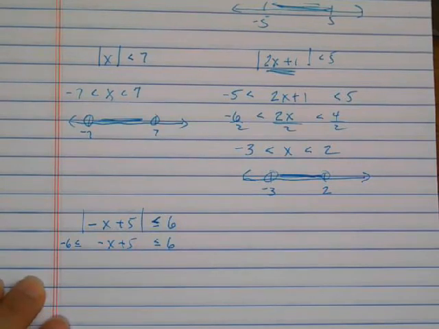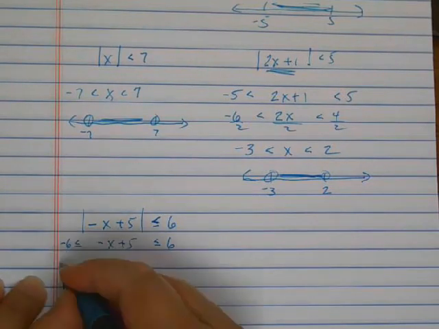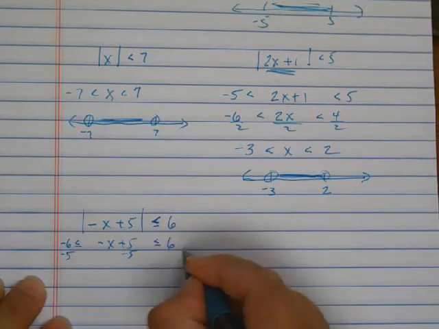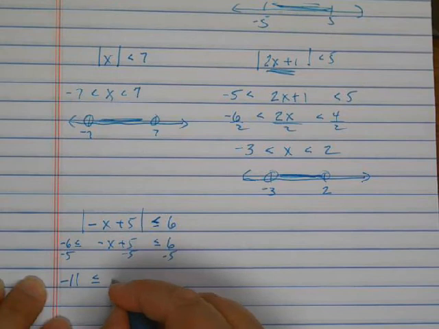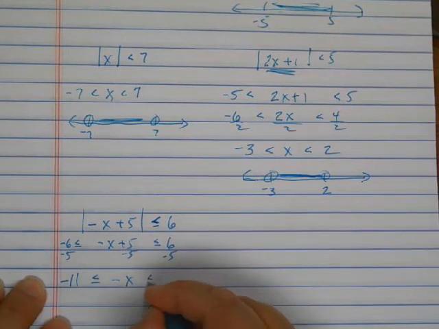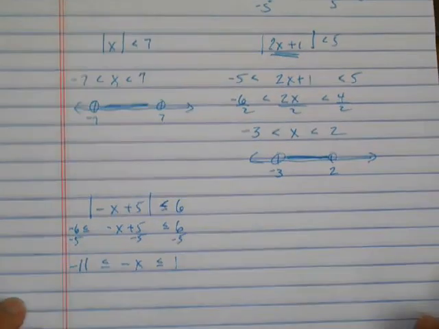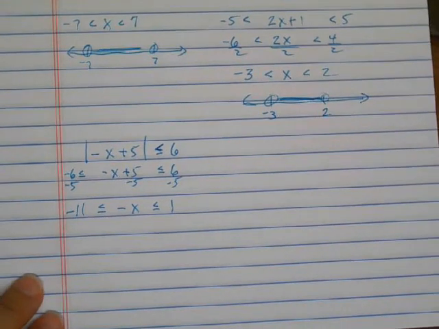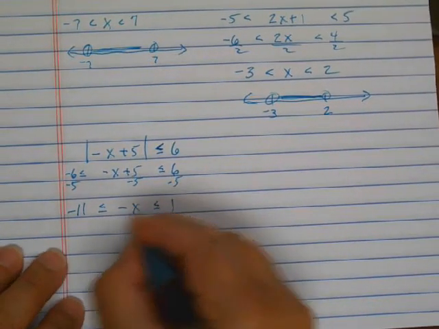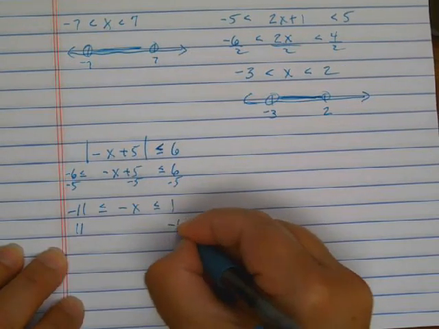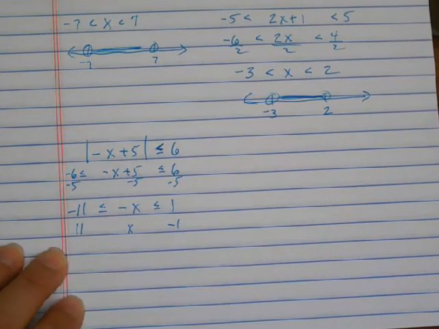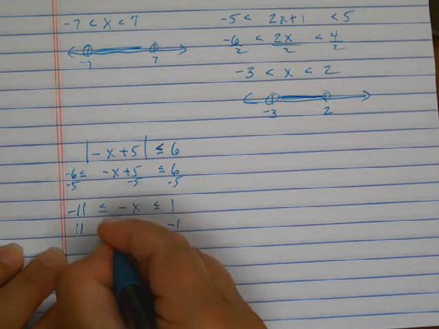So now to solve, I'm going to subtract 5 from each part. I have -11 is less than or equal to -x, less than or equal to 1. Now, I don't want -x, I want positive x, so I've got to divide everything by -1, so this goes to +11, -1, positive x. And because I divided by a negative, I have to reverse the symbol.